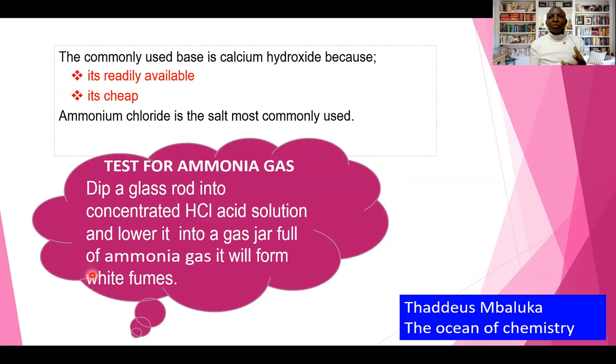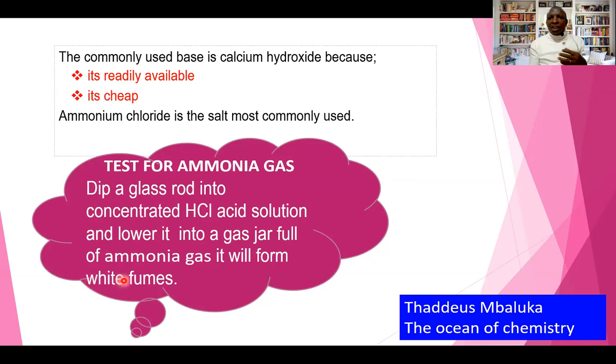In this kind of scenario, remember that ammonia is the only alkaline gas under wet chemistry. As far as your syllabus is concerned, the only alkaline gas that you're going to interact with is ammonia.